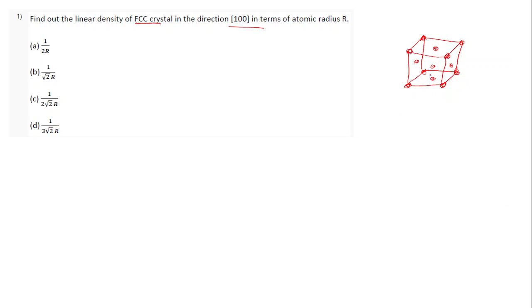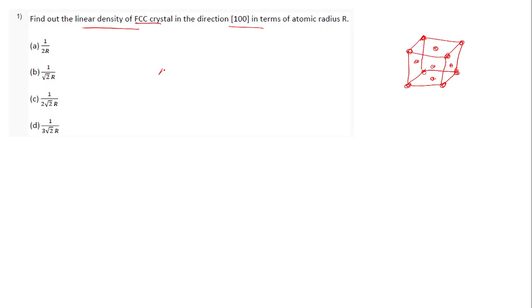And here what is asked is linear density. Volume density, mass density, we understand, is mass per unit volume. Or in packing fraction we were seeing how many atoms there are in a unit cell. Here by linear density of FCC crystal in this direction, what we mean is how many atoms there are along this direction vector.